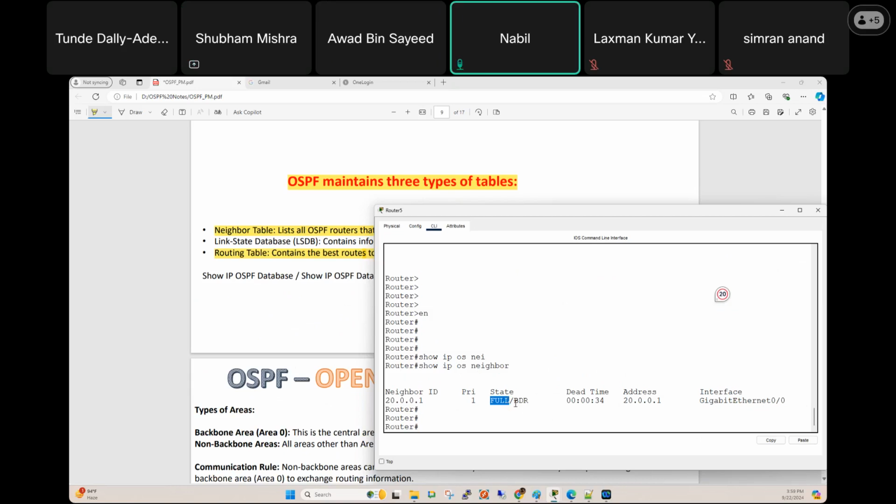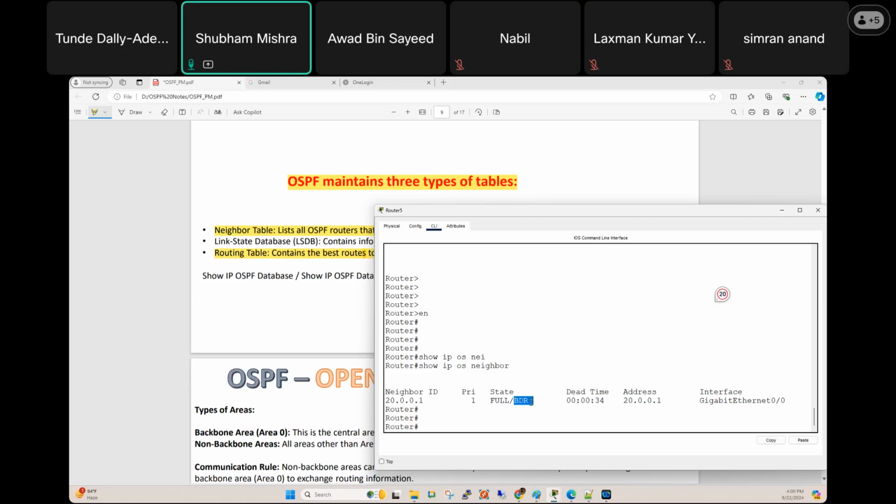What is the difference between adjacency and no adjacency? See, OSPF adjacency means, when both routers exchange the hello packet, every neighborship parameter will match. After that, both routers exchange some more packets.